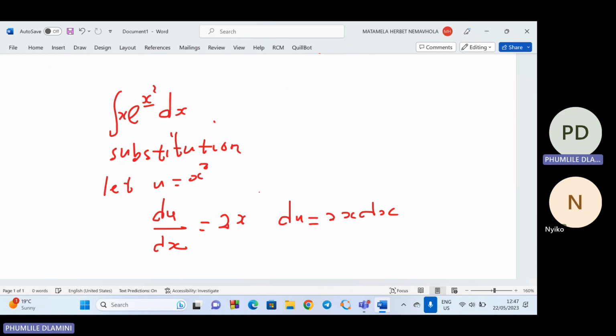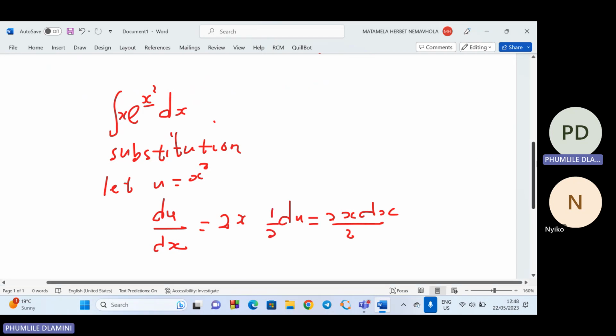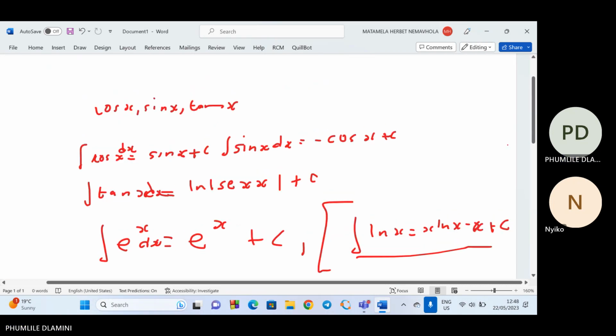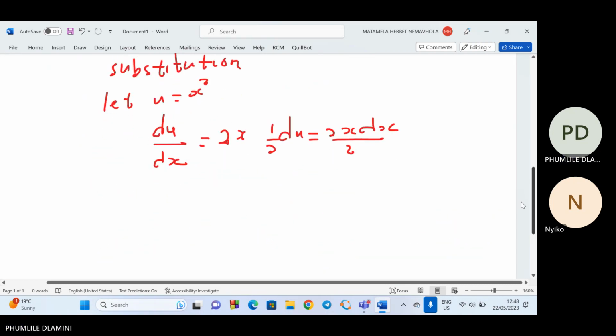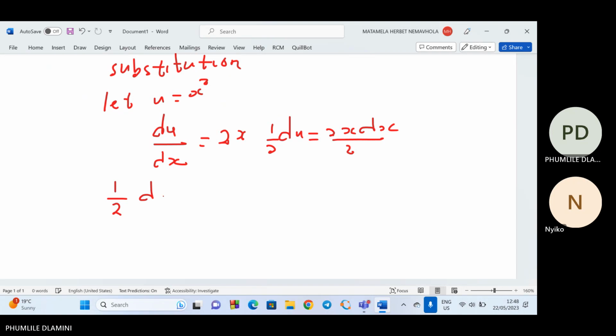So now I can divide by 2. If I divide by 2, I also divide by 2 here, which means I'm going to have 1 over 2 du equals x dx.